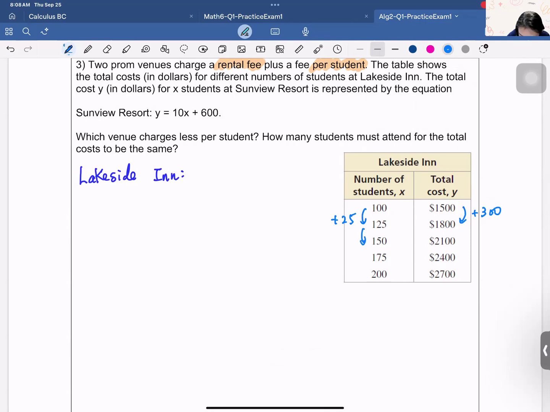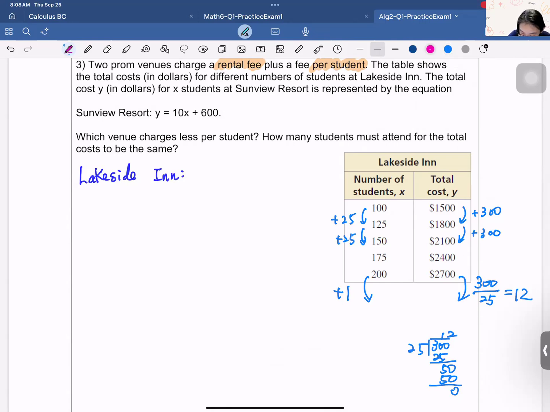So if my x increases 1, y increases by 300 divided by 25, which is 12.